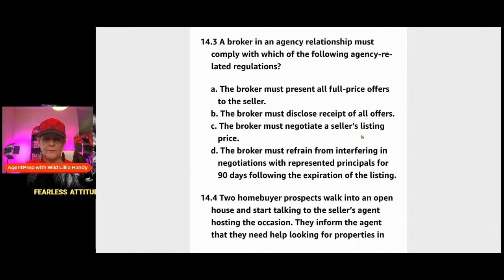No. It says in an agency relationship, a broker must comply with which of the following? Must disclose receipt of all offers is the answer. Okay. Full price offers or lowball offers or any other kind of offers must be presented. Okay. It must be disclosed.